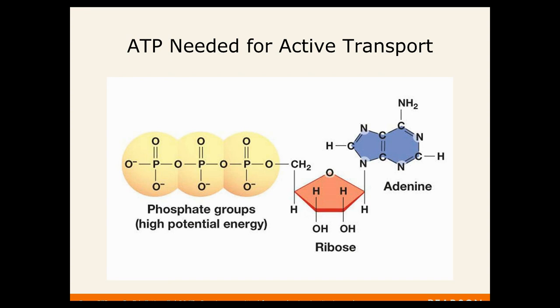It has a nitrogenous base here, adenine, nitrogenous meaning, if you notice who's there, nitrogen. It has a sugar, which is ribose. And then it has phosphate groups. And the phosphates there, if you notice, the molecule's highly charged.